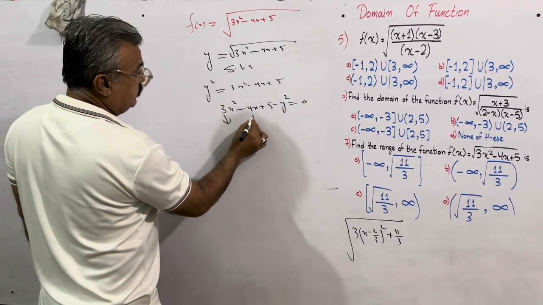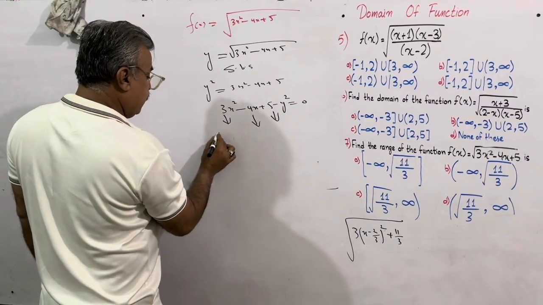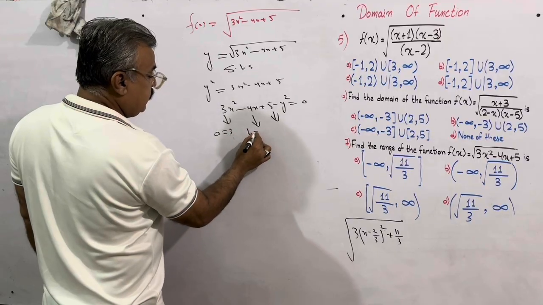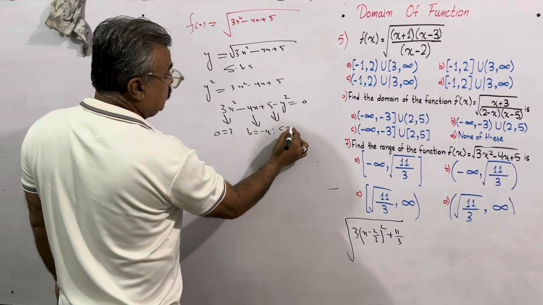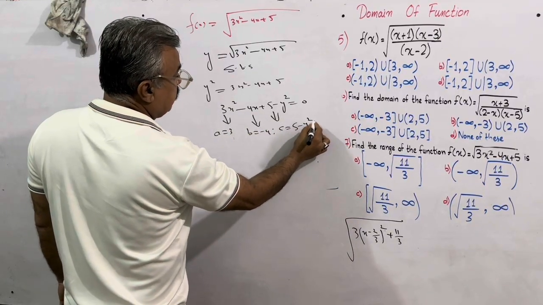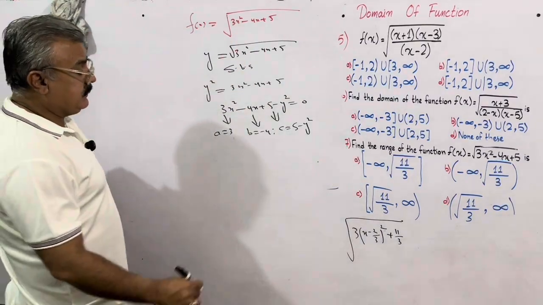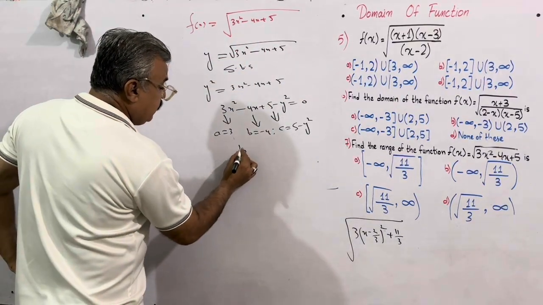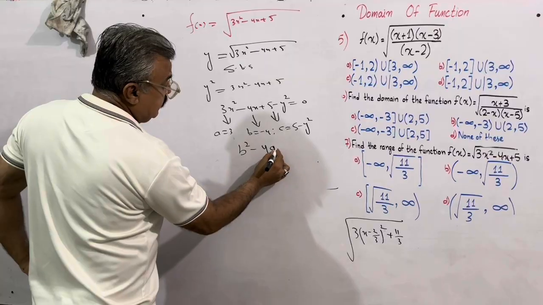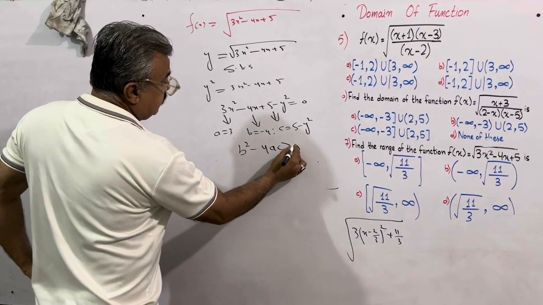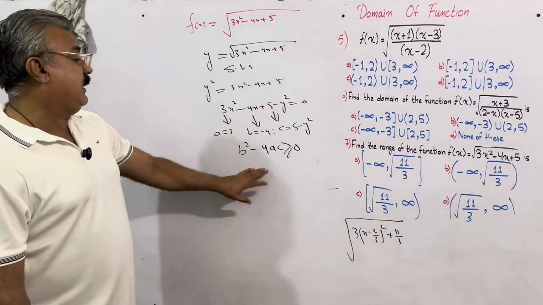Taking the discriminant for x, I have a equal to 3, b equal to minus 4 and c equal to 5 minus y square. It must be that b square minus 4ac is greater than or equal to 0 for real x.